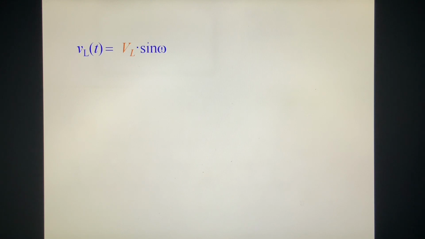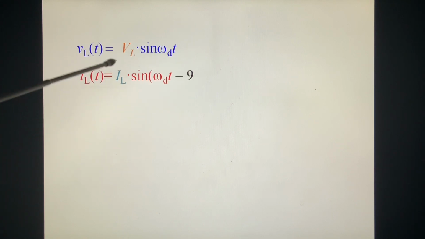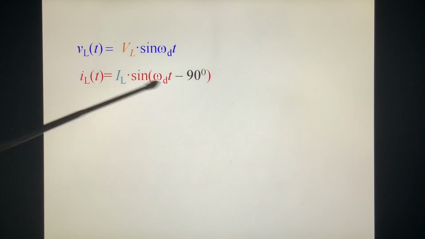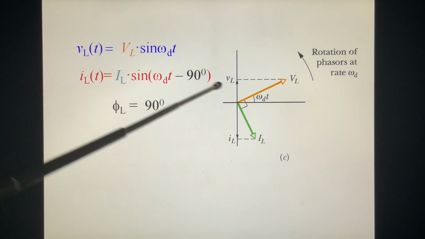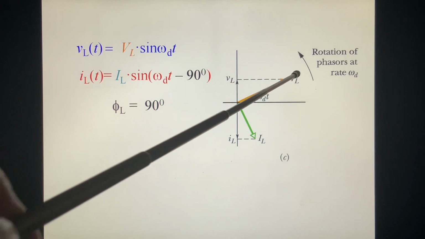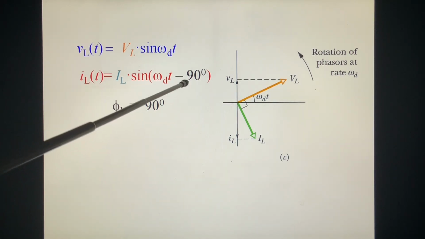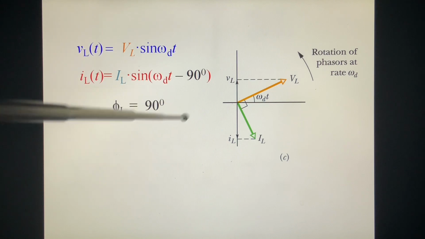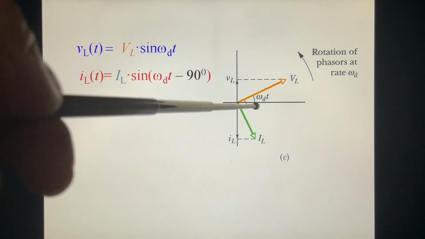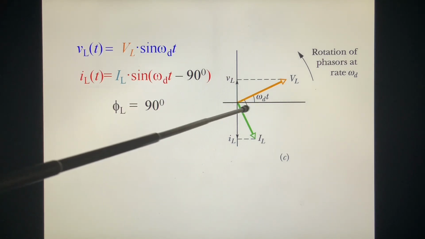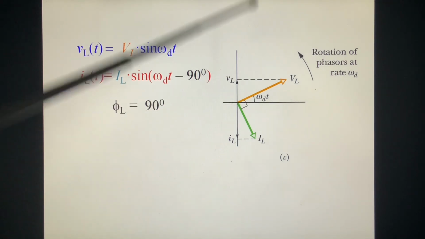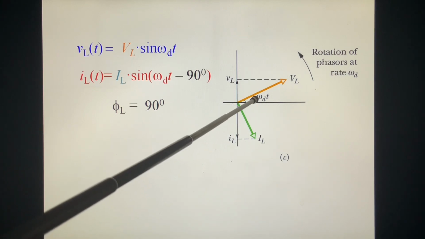We can express this one in phasor. VL is VL sine omega t. IL is IL sine omega t minus half pi. We put this one. This is VL. I is 90-degree lag. If you stand here, you see this voltage first, then after 90 degrees, you see I. Both of them rotate with the same angular frequency omega d.